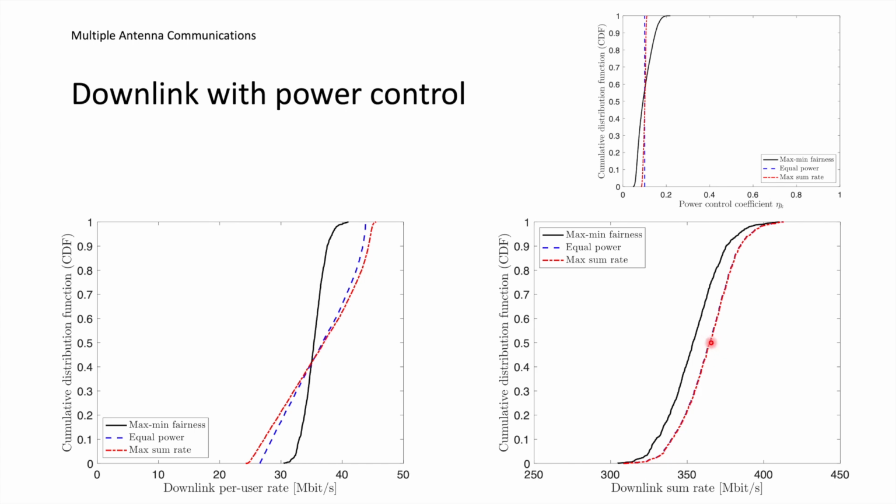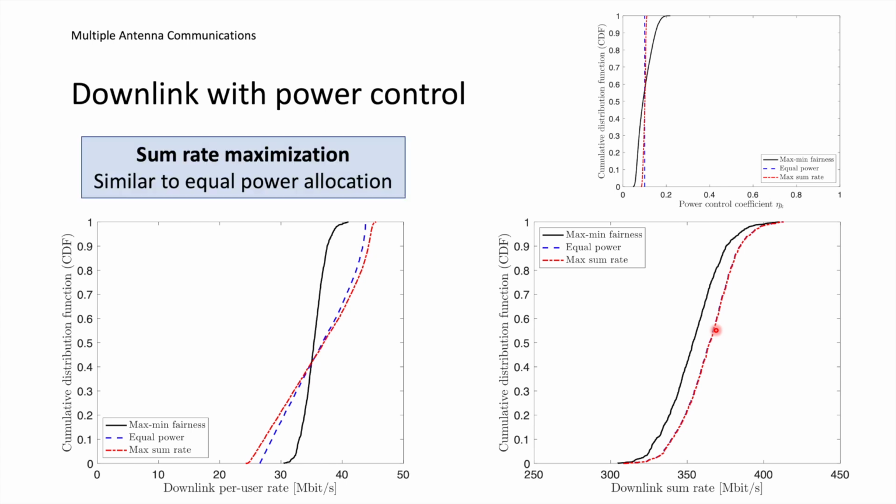Of course, in a setup with fewer antennas or lower SNR to start with, there might be a larger difference between these methods, but here the difference is rather small. While there is a distinct improvement in sum rate over maximum fairness if we are targeting maximum sum rate. So, sum rate maximization is similar to equal power allocation, and we are once again sacrificing performance for the user with the worst channel conditions in order to bring up the sum rate.